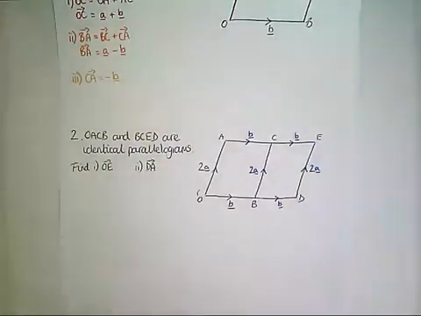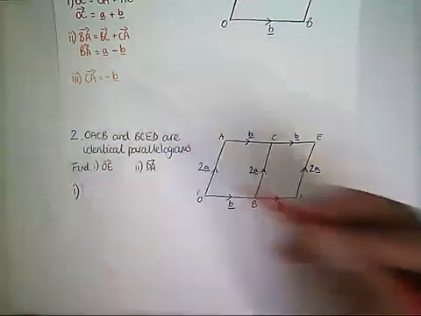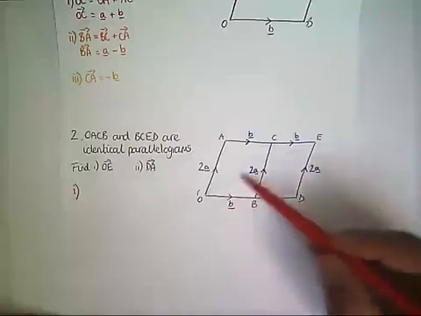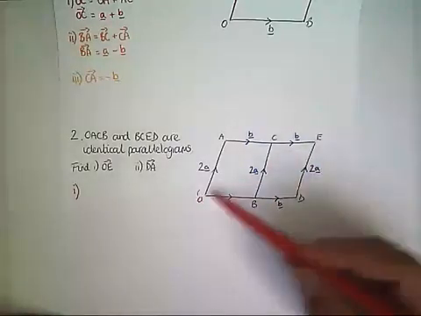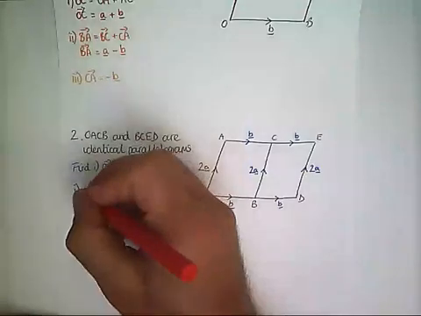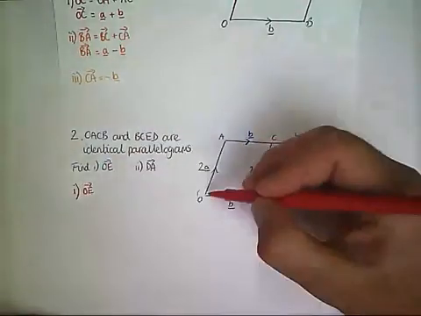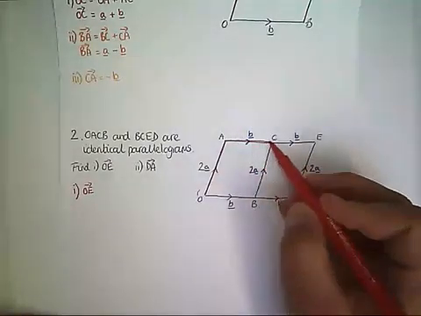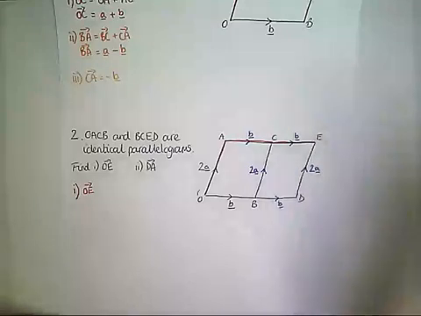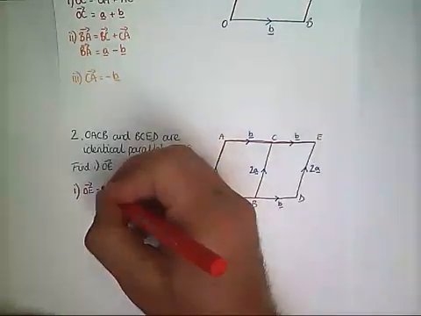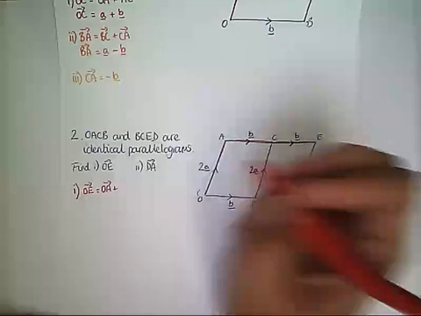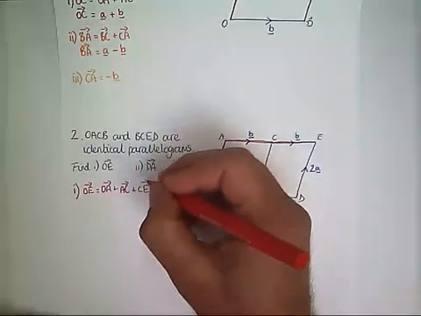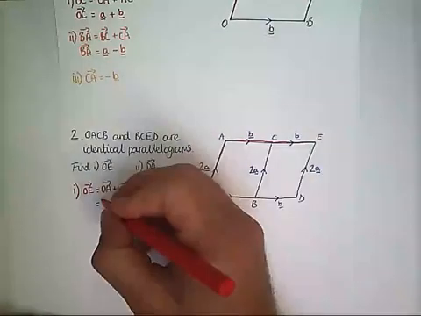Okay, then the first one, we're going to go from O to E. So we want to know the vector of this line from O to E. So let's take a journey down lines that we know the vectors of. To get from O to E, I'm going to go O to A, to C, C to E. O to A plus A to C plus C to E. Okay, so O to A is 2A.